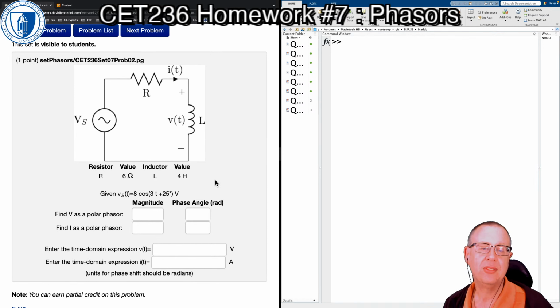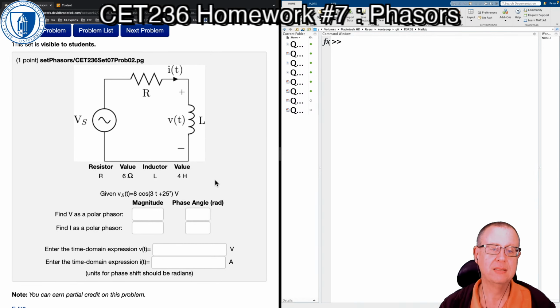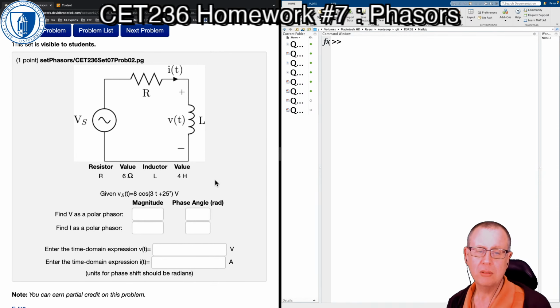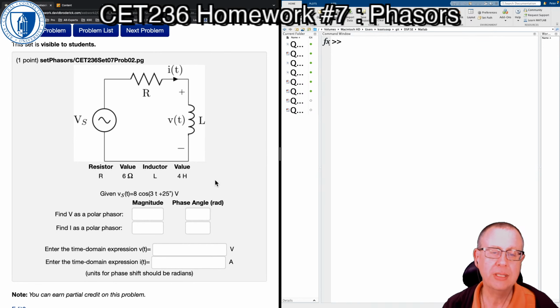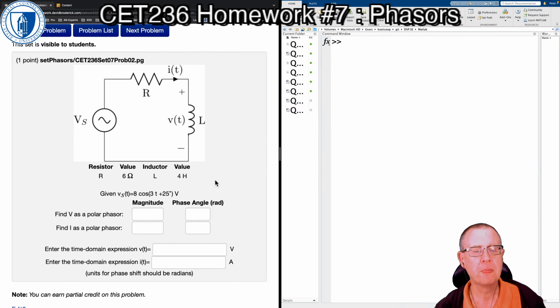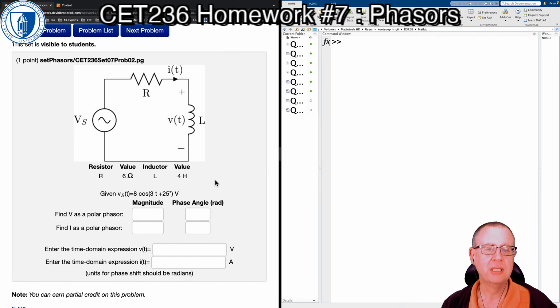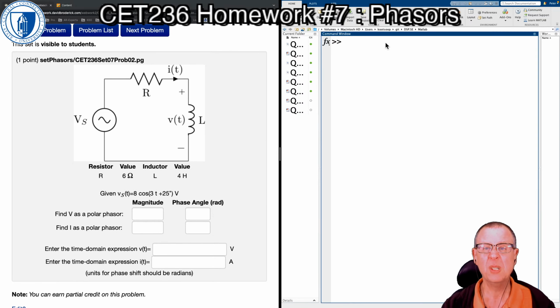So that means our inductive impedance is j12, j omega, which is 3, times L, which is 4. So j12.